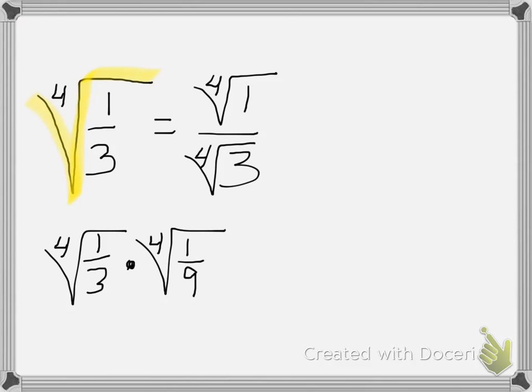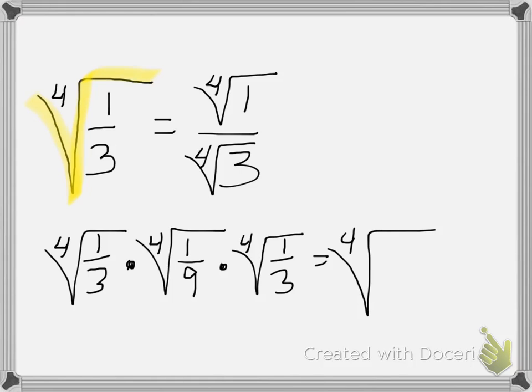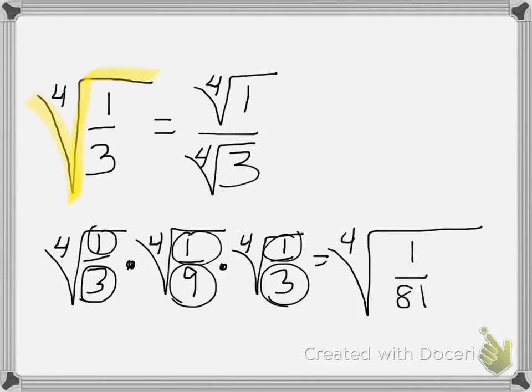Okay, sorry about that, you multiply it by another 4th root of 1/3. You can multiply all those together and keep them under the one radical. So 3 times 9 times 3 is 81, and 1 times 1 times 1 is 1. So I have the 4th root of 1 over 81.